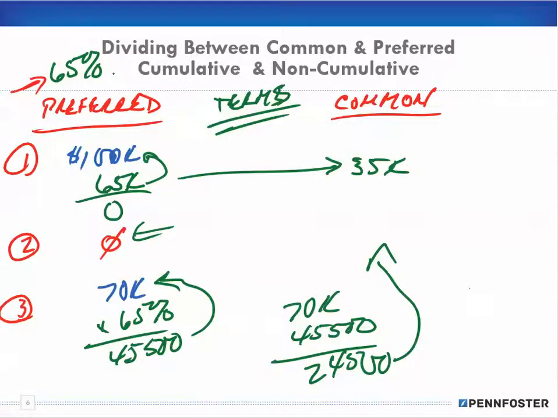So I want you to just be aware of this idea behind cumulative and non-cumulative. Non-cumulative meaning that nothing is carried over. Preferred gets satisfied first, and then anything left over goes to common.